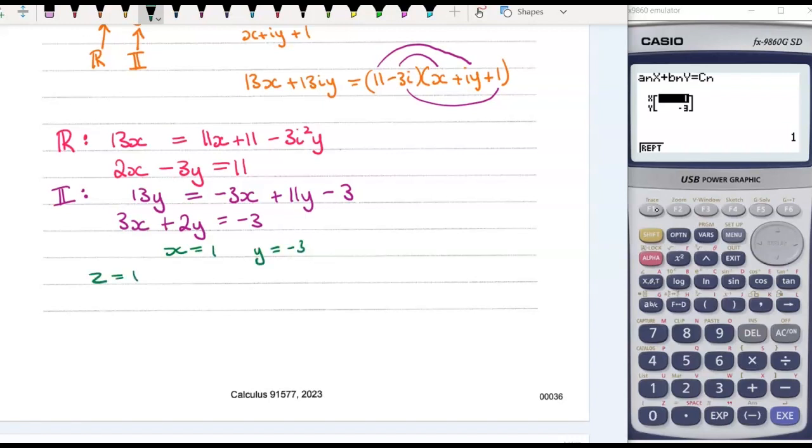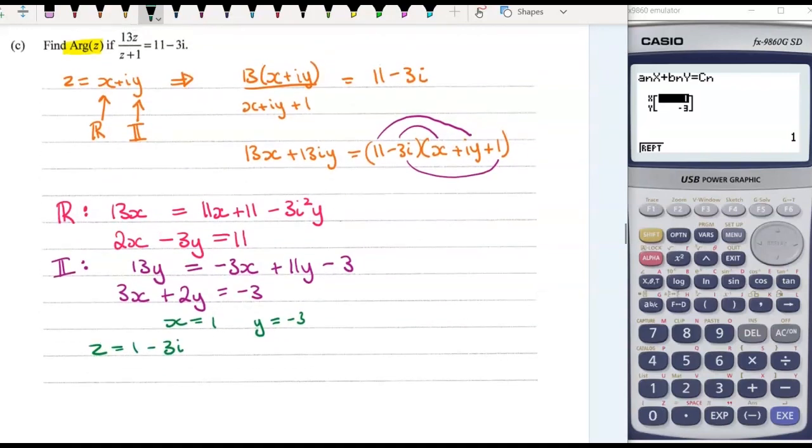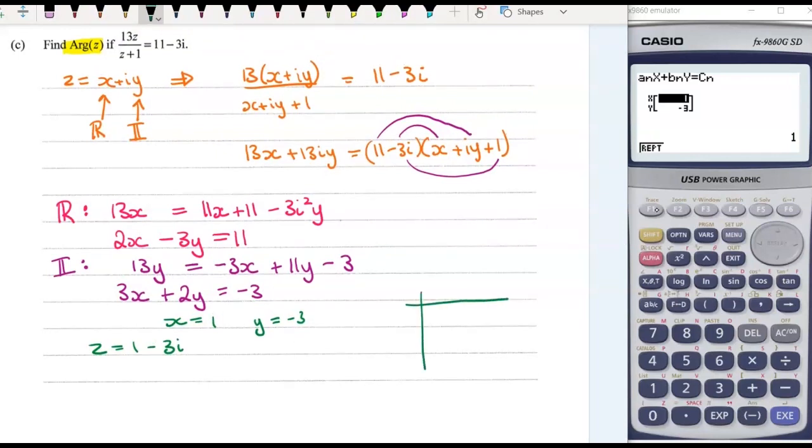So z equals 1 minus 3i. Now we need the argument of that. So we think about where that is on our Argand diagram. We're over by 1, down by 3. So there's minus 3i, there's 1. And we have our z just here, so we need this angle for the argument.